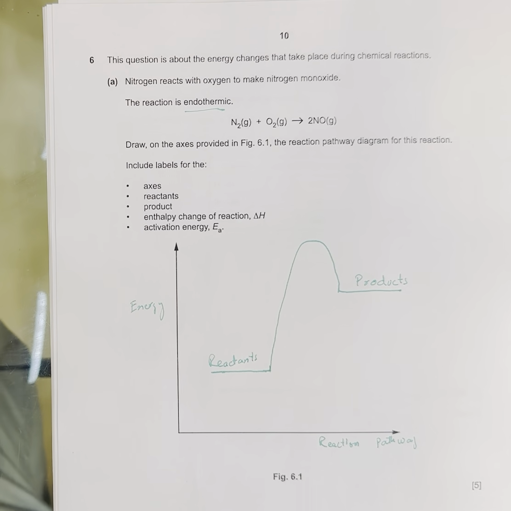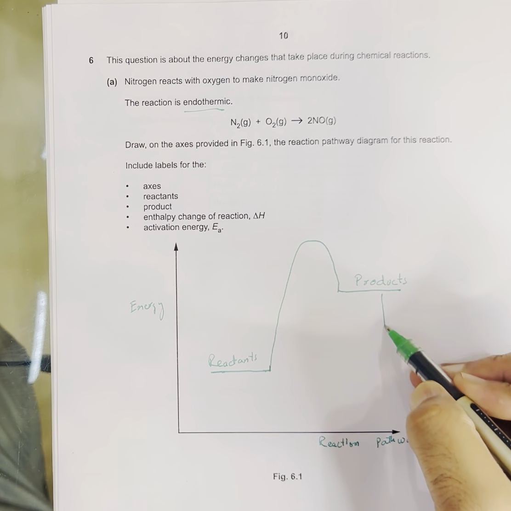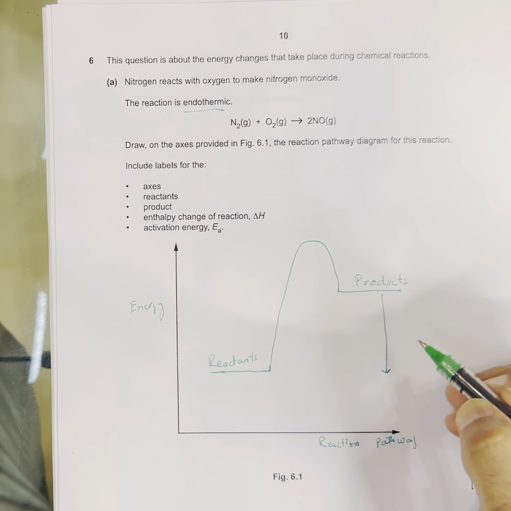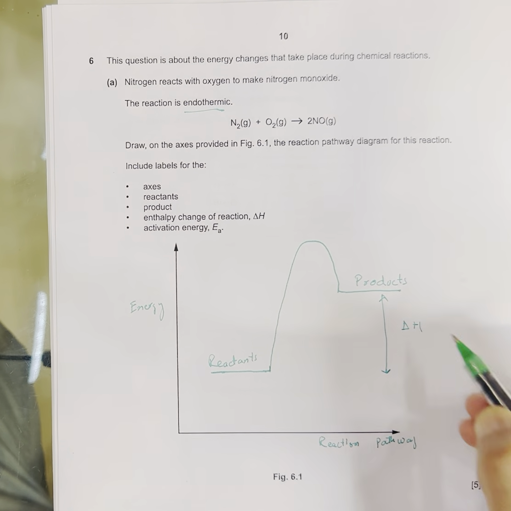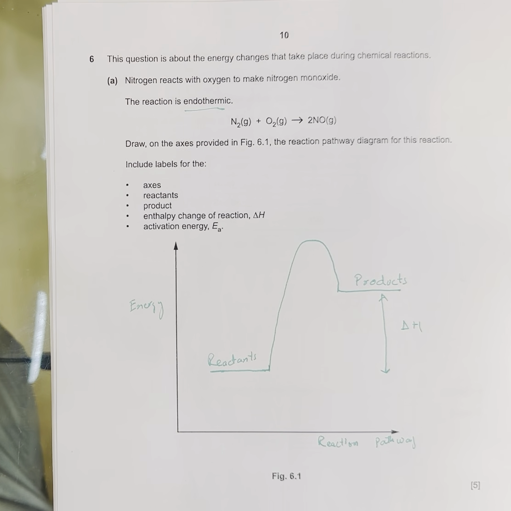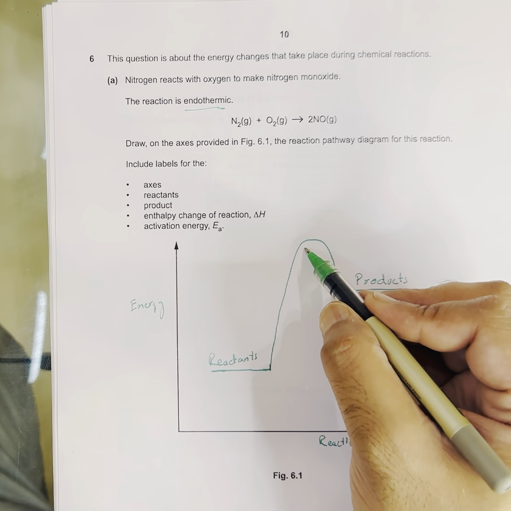So now we need to write enthalpy change and activation energy. Enthalpy change is always the difference between products and reactants. So we're going to show over here, that is delta H, and activation energy would be from the reactants to the highest point of energy, that is activation energy.